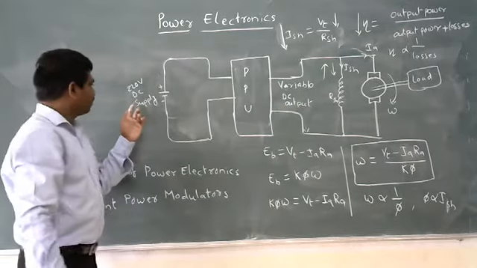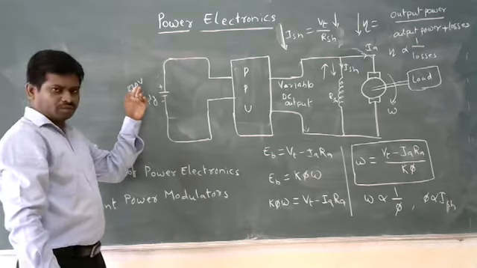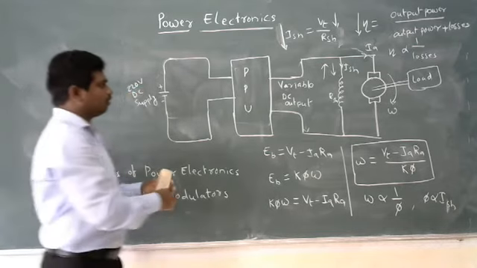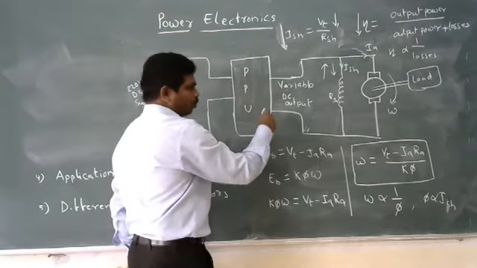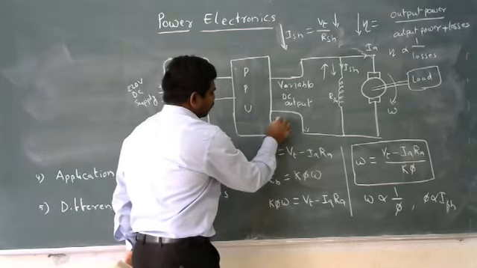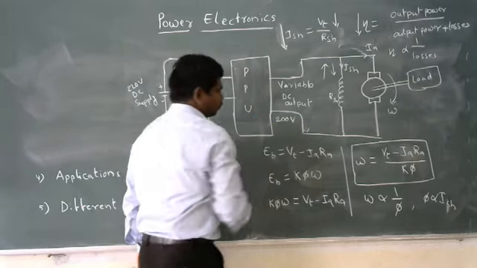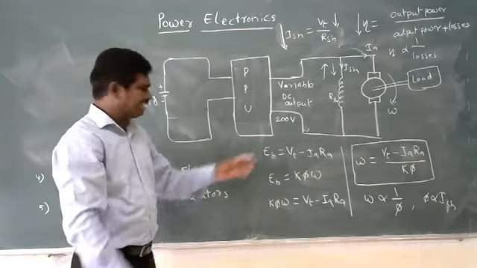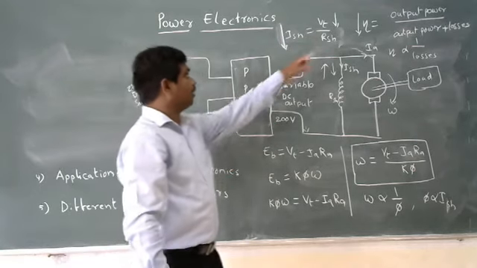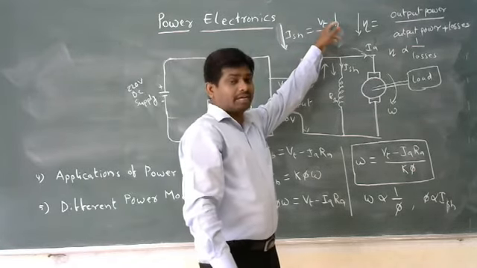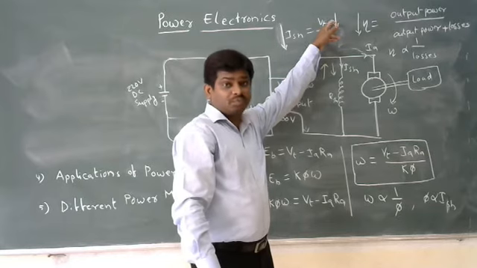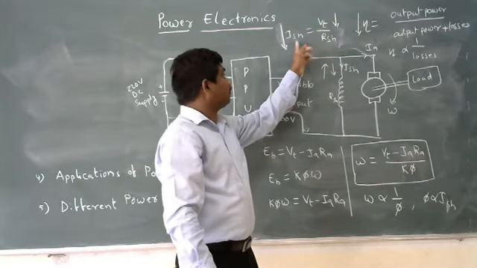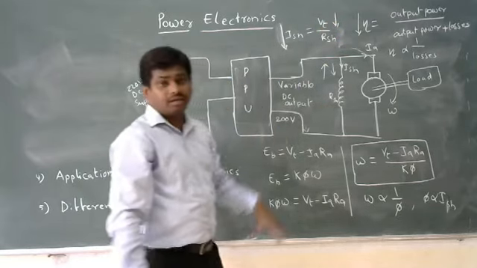Suppose my DC supply value is 220 volt, but when you use the power processing unit, we are getting a 200 volt DC supply. Thereby what happened? We are reducing the terminal voltage from 220 volt to 200 volt, so the current flowing through the shunt branch is going to be reduced.